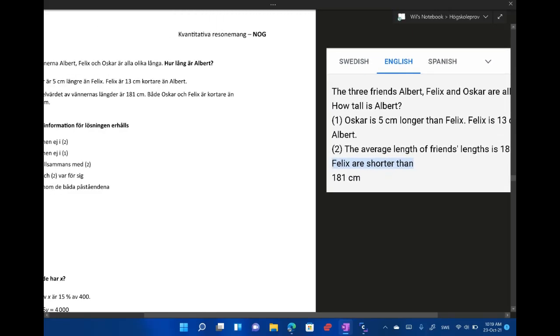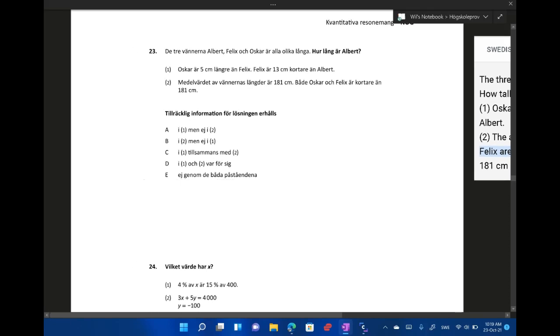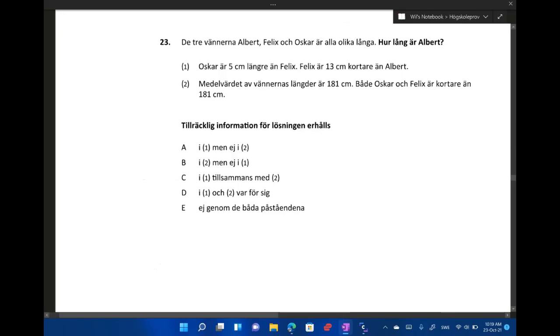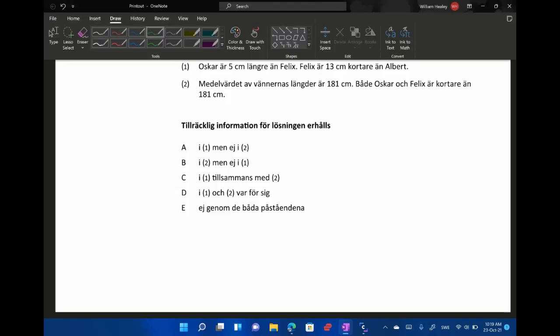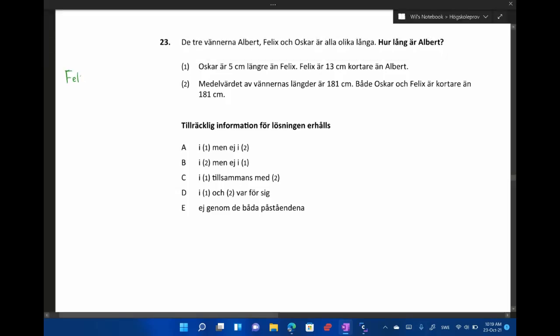So if we look at that first piece of information, pretend we have Felix, we have Oscar, and we have Albert. It's telling me Oscar's 5 centimeters longer than Felix, but Felix is shorter by 13 centimeters than Albert.